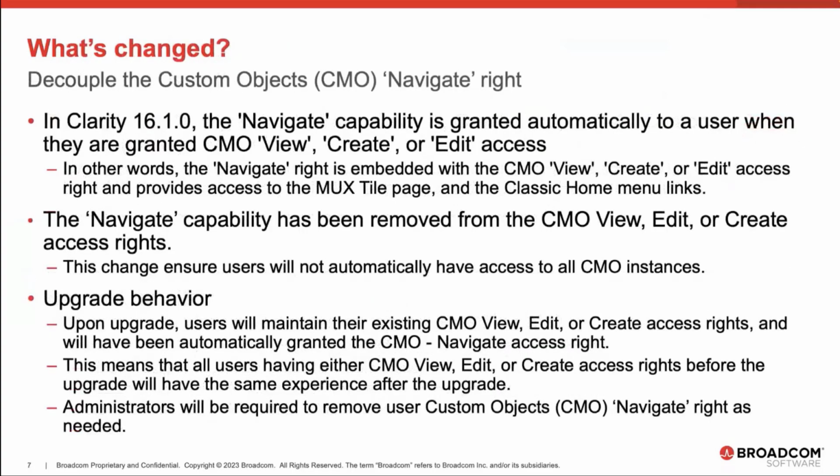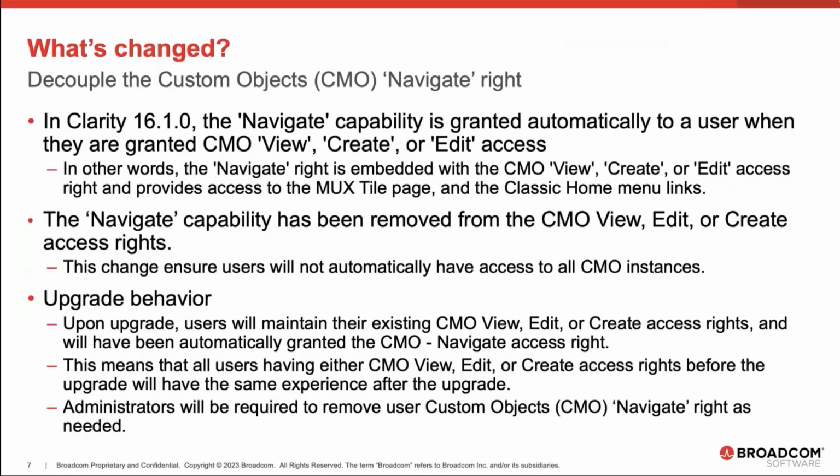So what's changed? I'll start with the decoupling of the custom object navigate right. In Clarity 16.1.0, the navigate capability is automatically granted to a user when they are granted that CMO, custom master object, view, create, or edit access. In other words, that navigate right is embedded with the custom master object view, edit, or create access right, and provides access to the modern UX tile page and the classic home menu links.